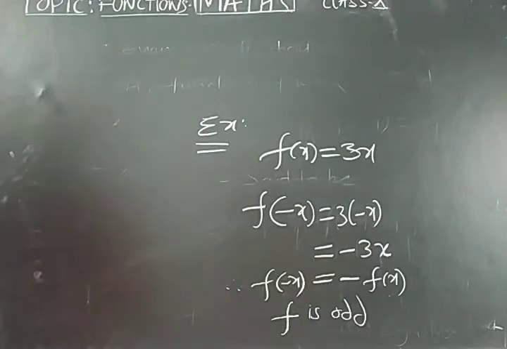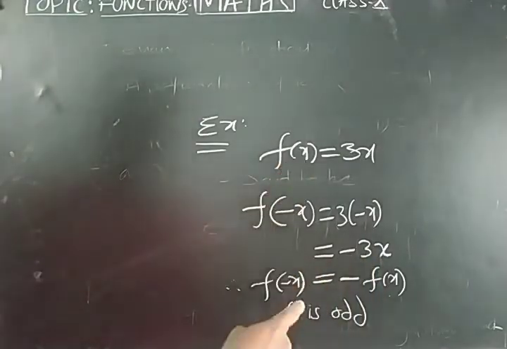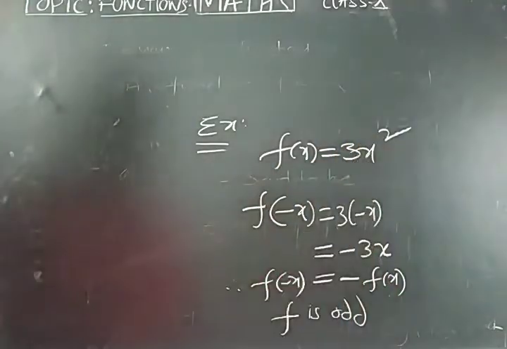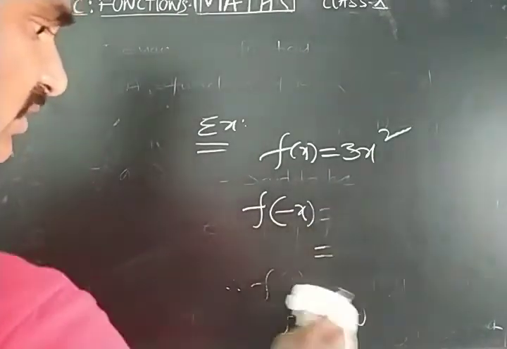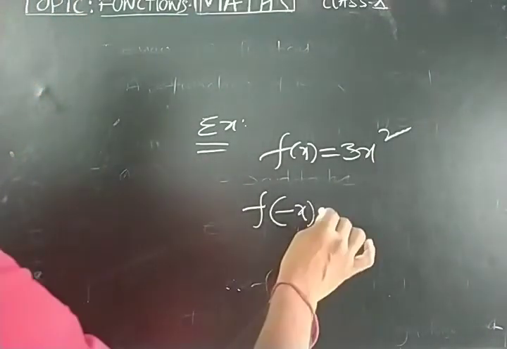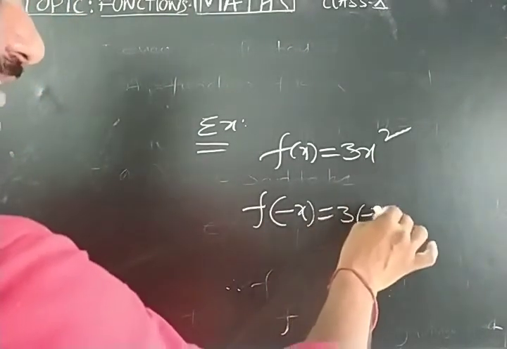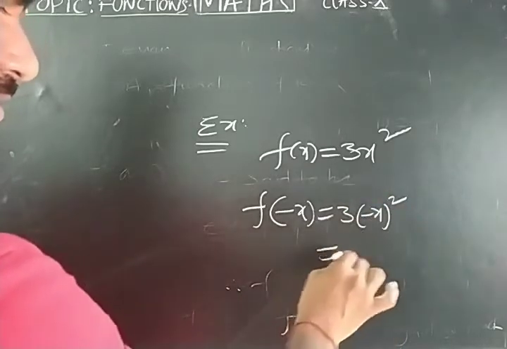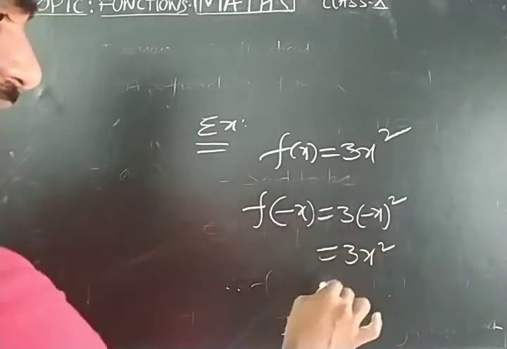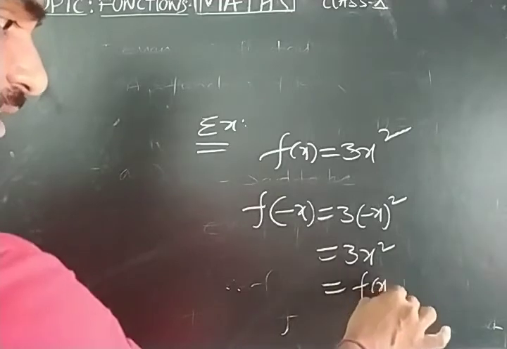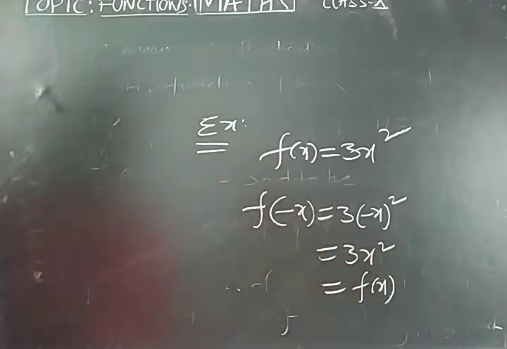Suppose the same definition I am modifying here. This is odd function, no? Suppose I am taking square here. Again I am checking f of minus x. What will you get? 3 into minus x whole square. This is 3x square. What I got? Again f of x. I am not getting minus f of x here. This is the second example, right? F of x equals 3x square.